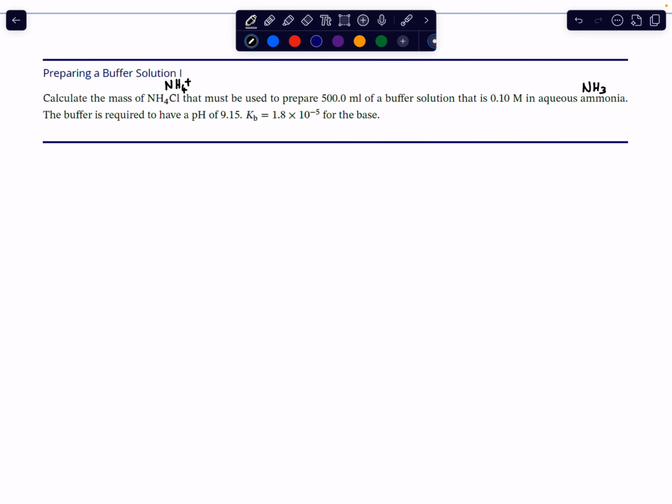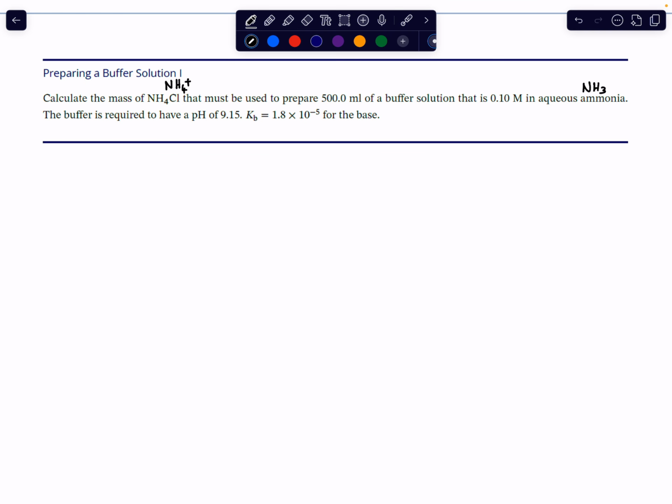Alright, so let's think about what we are given. We're given the pH, we're given the concentration of the ammonia, and we're given the Kb for the base. So I think the easiest place to start, and of course, we want the mass. And the only thing that we can relate to the mass is the concentration of the acid.